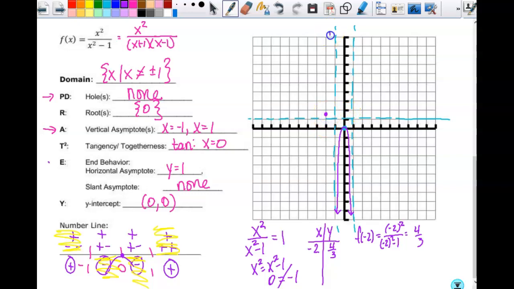I think that's good enough to give me that in there. Then we'll do a +2. So f of 2 equals 2 squared over 2 squared minus 1. So once again, that is 4/3. It's not always symmetric like this, but this one is 4/3. So I go to 2 and 1 1/3, and this is what my graph looks like.